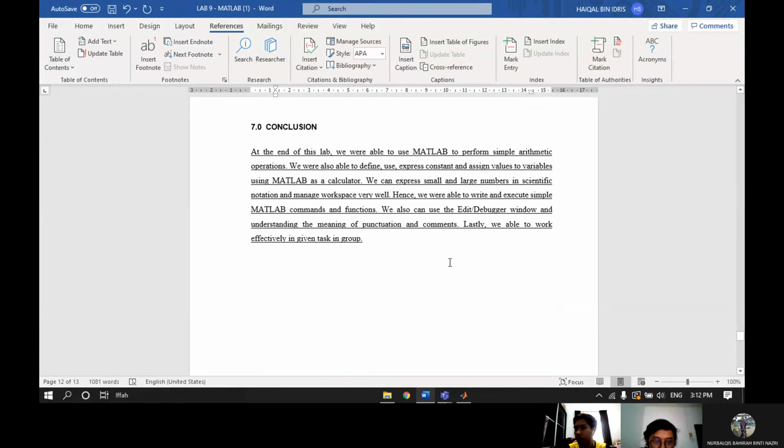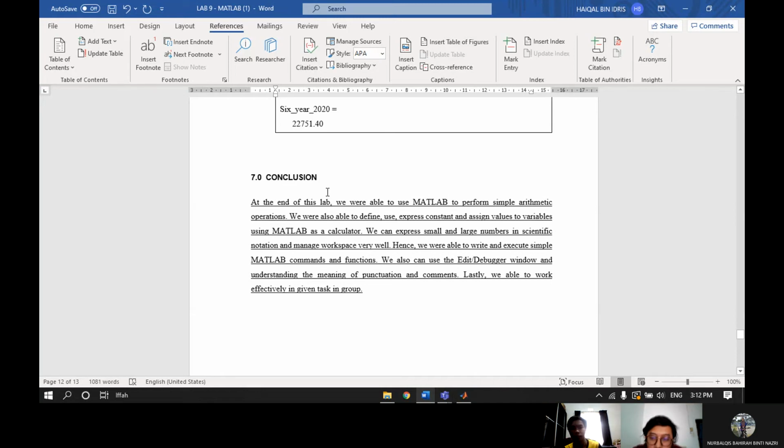For 7.0 conclusion, this is the last part of lab 9. The conclusion we got from this lab is that at the end of this lab, we were able to use Matlab to perform simple arithmetic operations, for example, as Bahirah explained for part A and part B. Secondly, we were able to define, use, and express constants and assign values to variables using Matlab as a calculator.